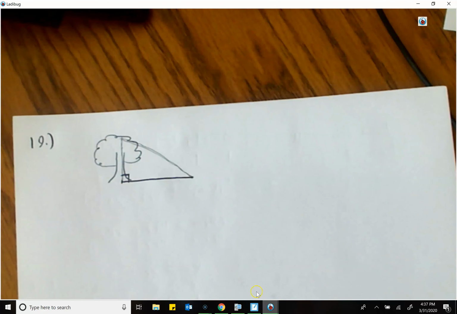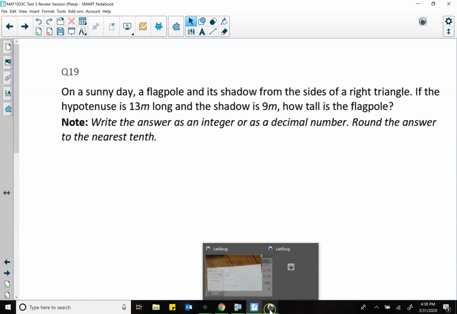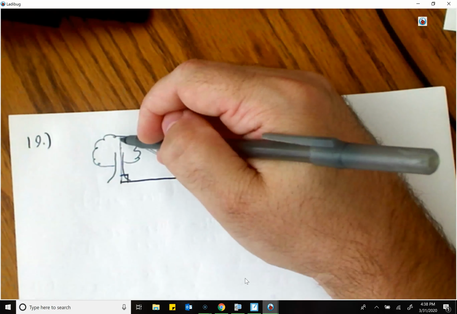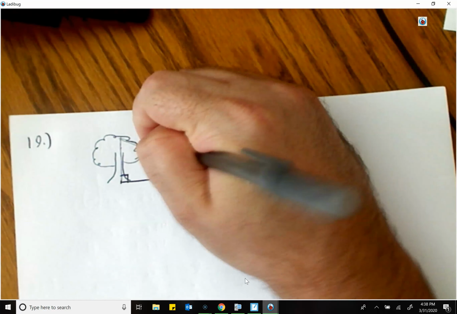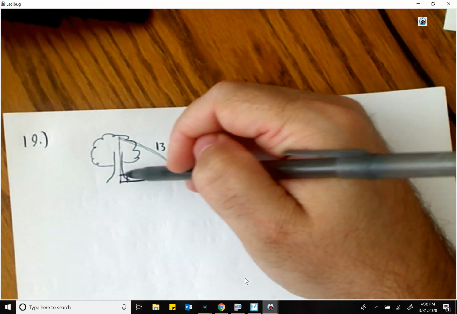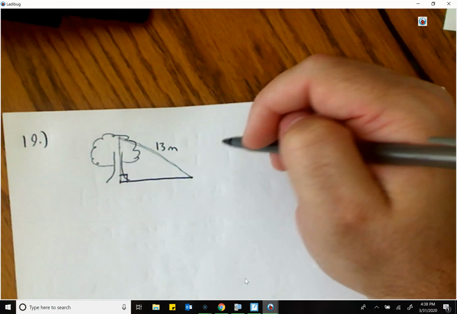Okay? So if I go back to the problem, because I forgot everything, it says the hypotenuse is 13 meters long. So looking at this, we know that this guy right here is the hypotenuse, 13 meters, because the hypotenuse is the longest side, and it's never ever connected to the right angle. And it says the shadow. Well, where's my shadow?